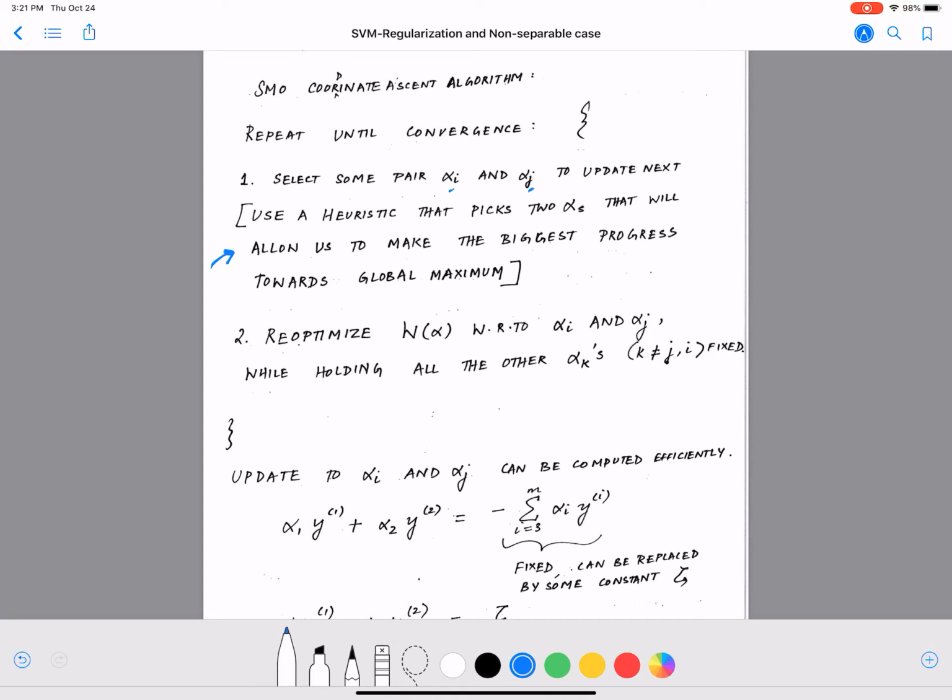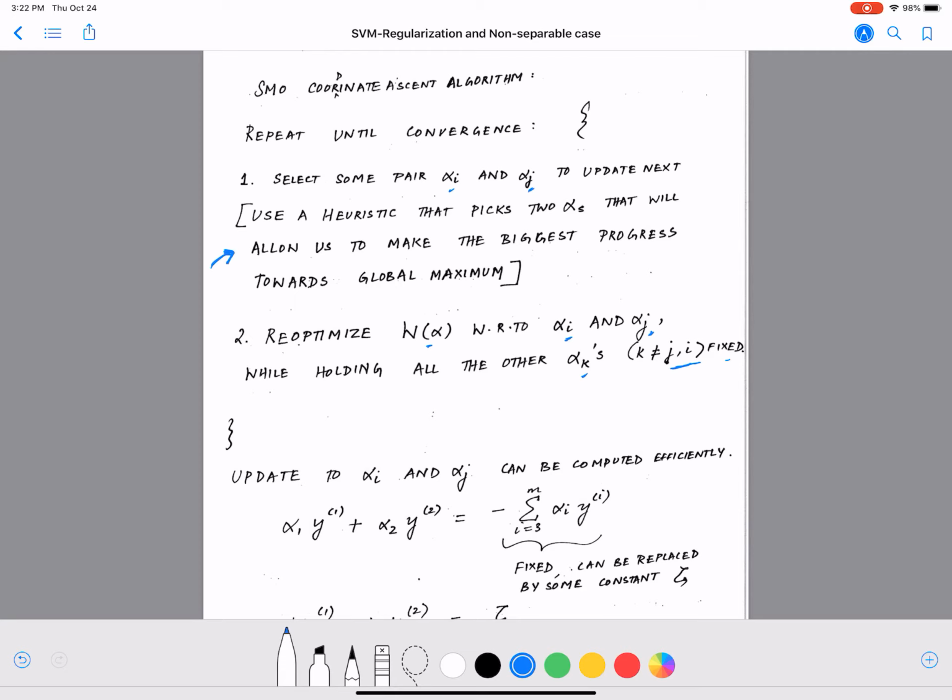And re-optimize W of alpha with respect to alpha i and alpha j, while holding all other alpha k's, where k is not equal to i, j, fixed. You can see that this algorithm is very similar to coordinate ascent, except that you're updating two at one time. Now the update to alpha i can be computed efficiently.